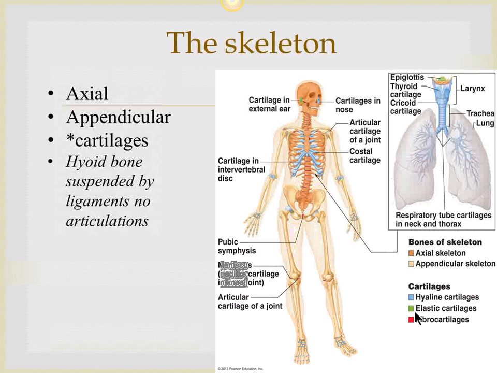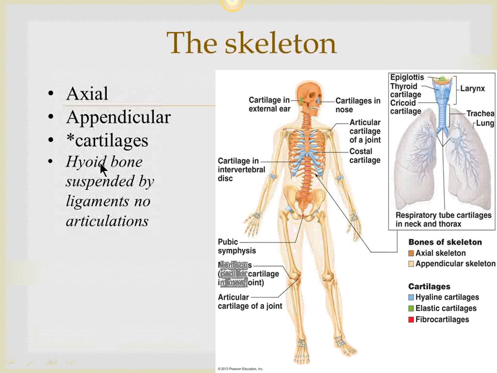Remember fibrocartilage in places where you need a lot of strength, like the intervertebral discs and in the pubic symphysis. Elastic cartilage is in the ear and also in your larynx, which is your voice box. And hyaline cartilage is in most areas of the body, your nose, your articular cartilage. So go back and look at your tissues notes to see where these cartilages are.